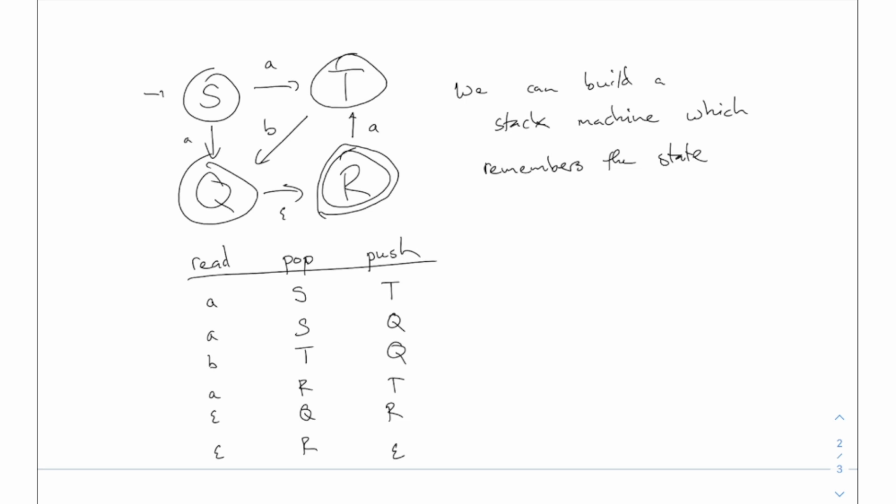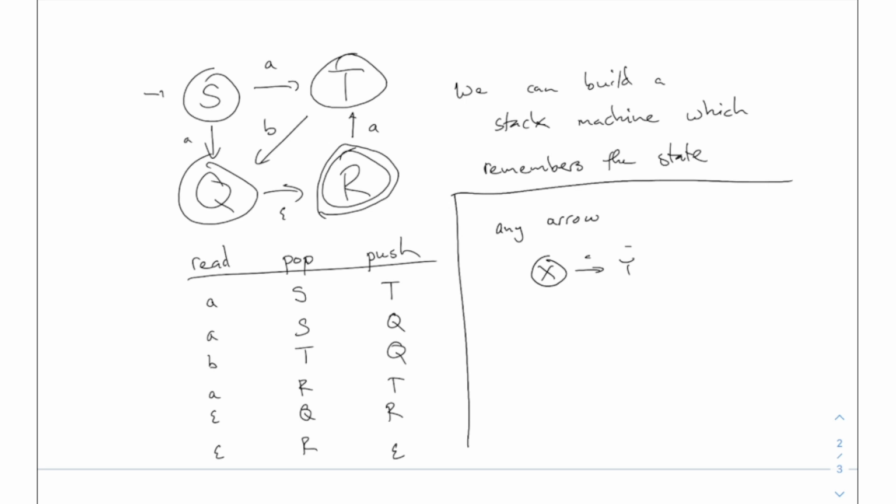All right. So to summarize, this is very easy to do. Any arrow that looks like X, A, Y like this becomes a rule: read A, pop X, push Y. That's all there is to it, really.